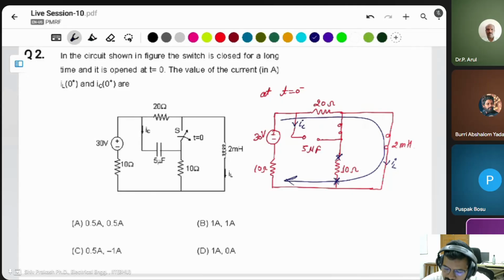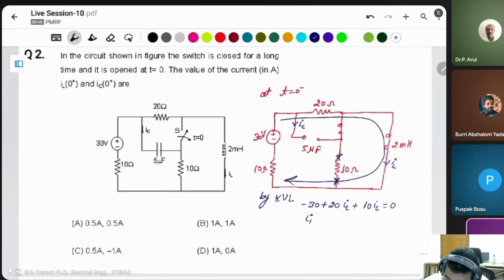Then what is the current? In this loop, this is the IL, the whole current is flowing as IL. You can apply KVL: minus 30 volt plus 20 IL plus 10 IL is equal to 0.